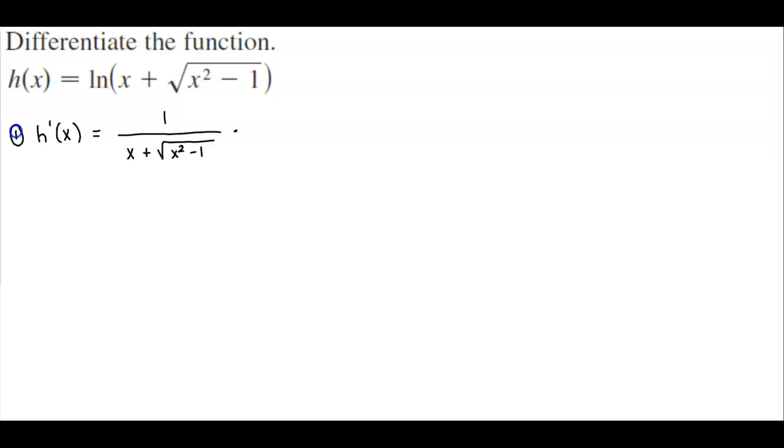And then we want to multiply that by the derivative of what's inside that logarithm, which is x plus the square root of x squared minus 1.